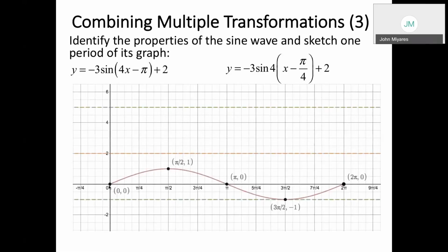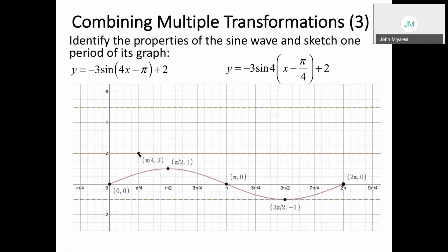Next, let's figure out where this graph is going to start. Based on the constants being added or subtracted in this function, the wave is going to start pi over 4 units to the right and up 2 units from the origin. So I'm going to plot that point here over pi over 4 up to here.